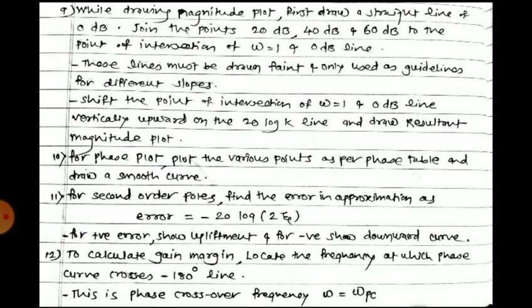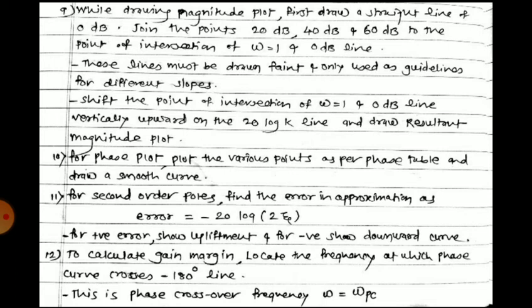Now, drawing the magnitude plot. While drawing the magnitude plot, first draw a straight line of 0 dB. Join the points 20 dB, 40 dB, 60 dB to the point of intersection of omega equal to 1 and the 0 dB line. These lines must be drawn faint and are only used as guidelines for different slopes.